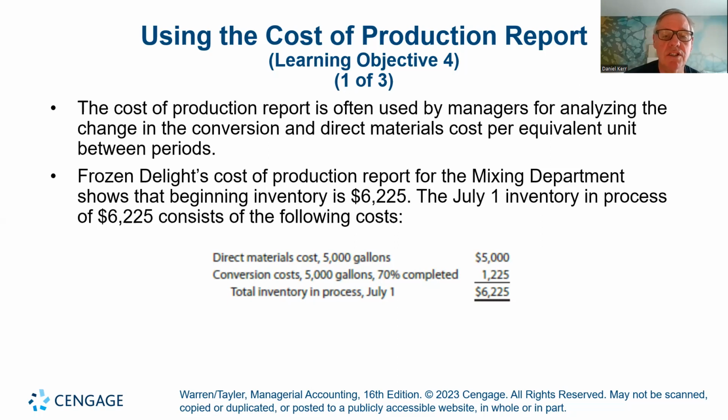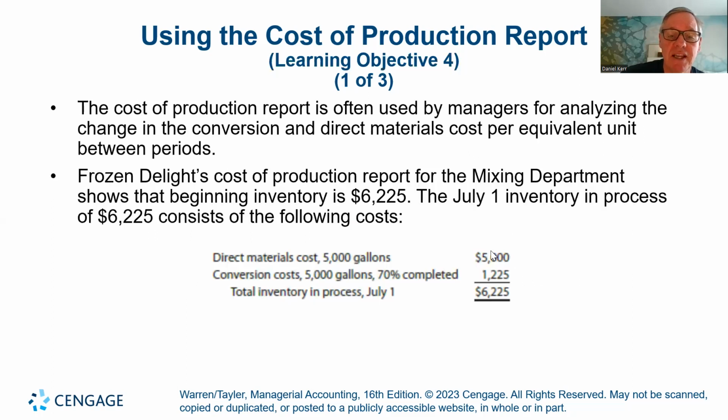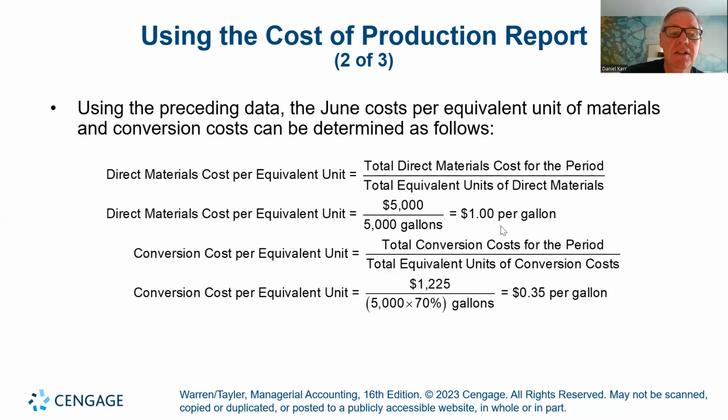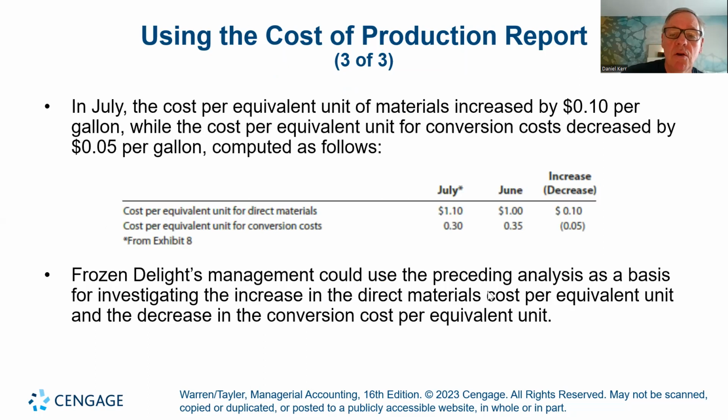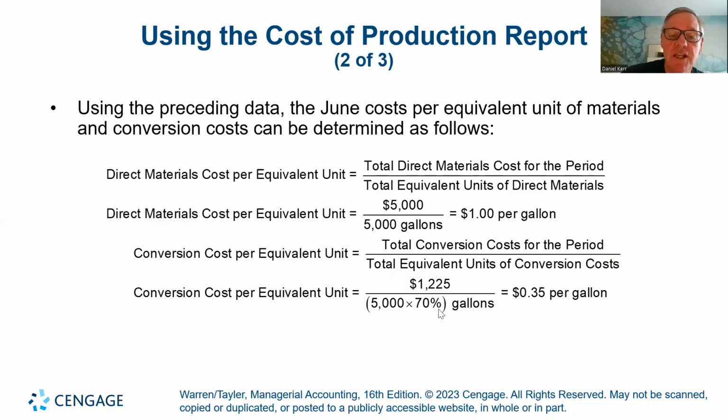And the conversion costs were 70% completed at the beginning of the period. So in the month of July, basically what happened is that we added another 30%. But if we just focus on the costs in the beginning inventory, the material cost per equivalent unit was $5,000 divided by 5,000 gallons. As for the conversion cost, the total conversion costs incurred were $1,225, and those were 70% complete.